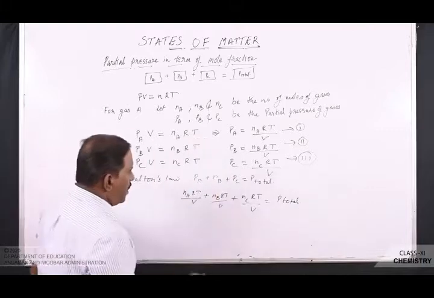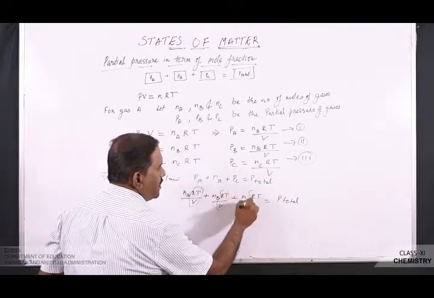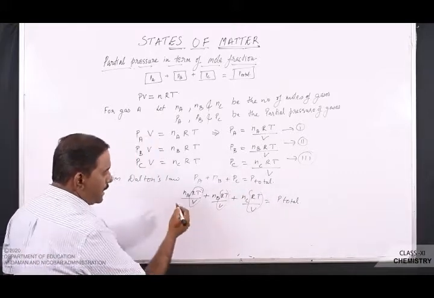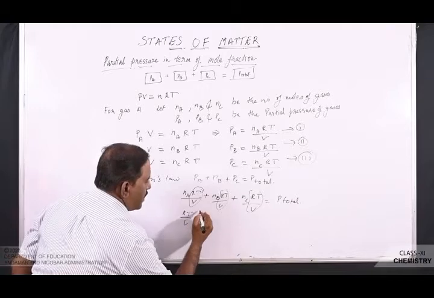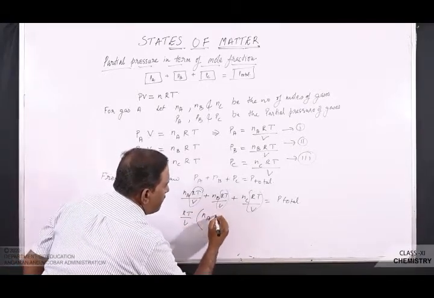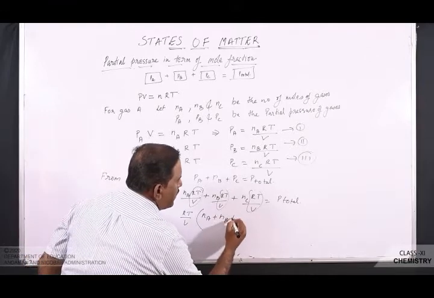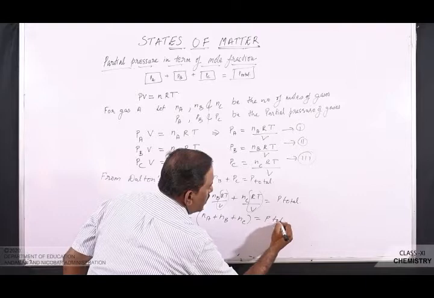Now RT by V is common for all the terms, so I take it common. What we get is Na plus Nb plus Nc, times RT by V, is equal to P total.